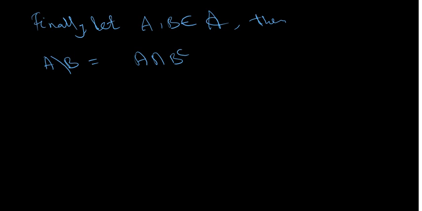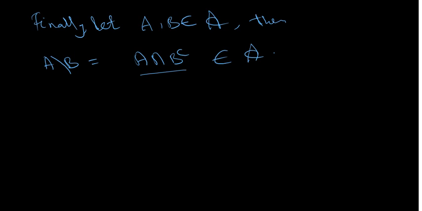But this thing is in A, because A is in A, B is in A, so B complement is in A, which means that A intersection B complement is in A. So this A minus B can be expressed as finite disjoint union of members of A because it's itself in A.